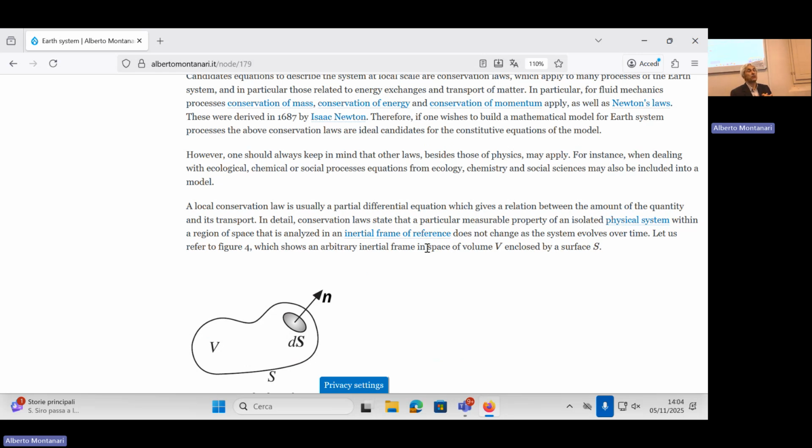For instance, the mass associated to water is flowing in and out of the control volume by following the flow of water through the surface of the control volume. Like in the tank, the rainfall enters into the tank through the surface that is delimiting the control volume.